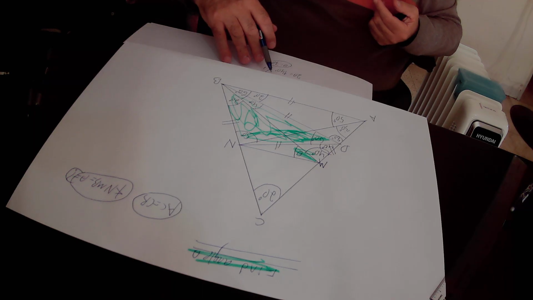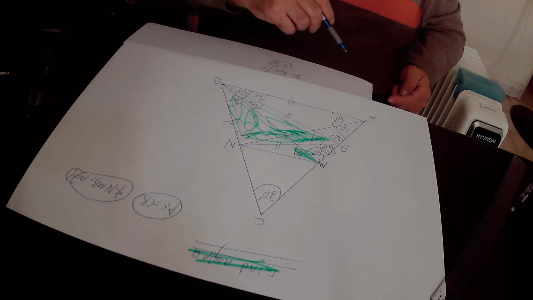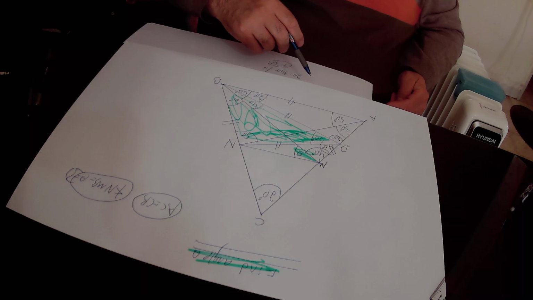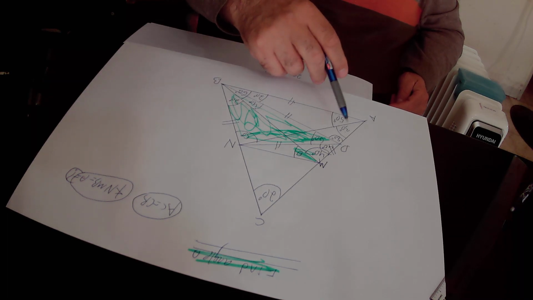Then I copy triangle DMN in a new page and we analyze this triangle DMN.